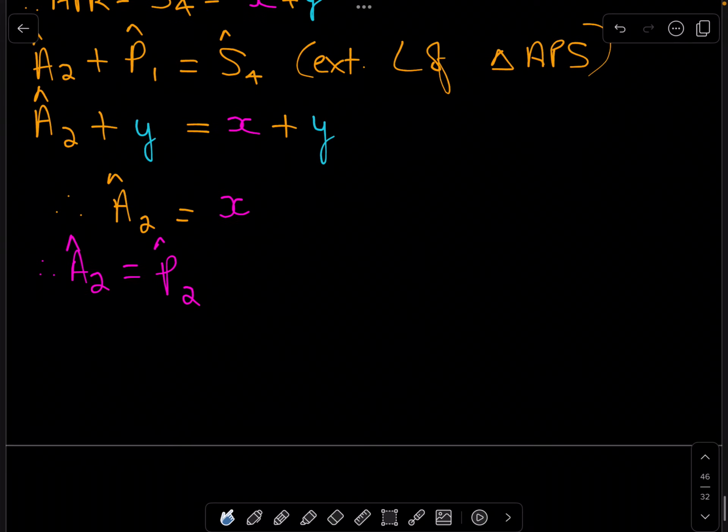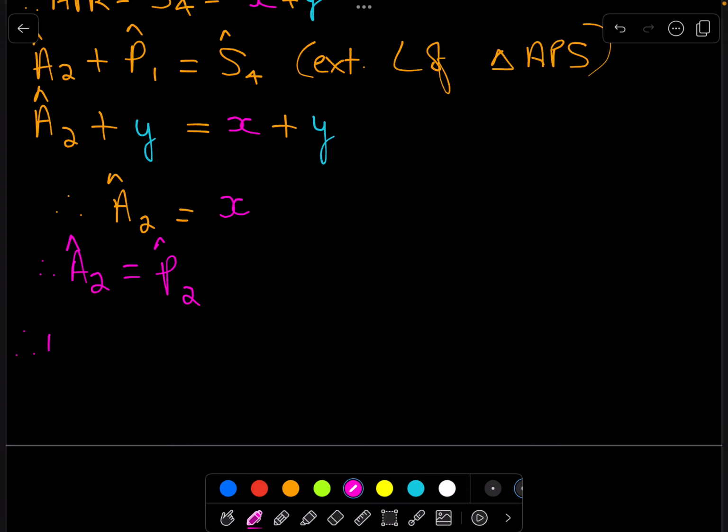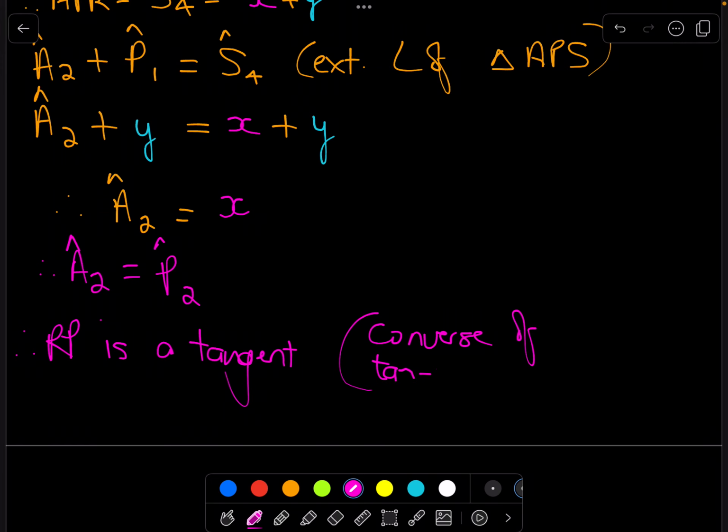So therefore RP is a tangent because converse of tan chord.